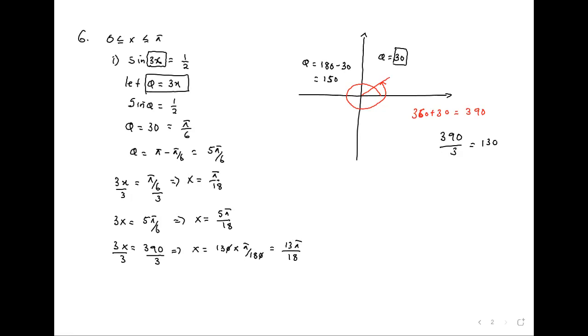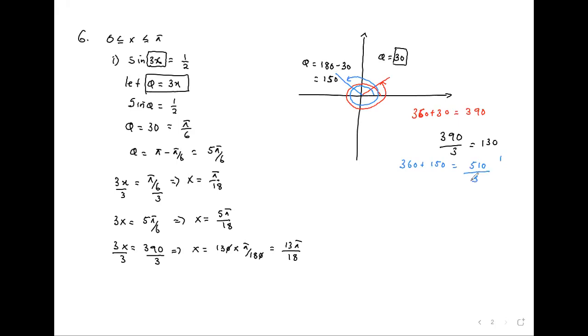Next, we go to the other one, this 150. So go around again and see if what we get when divided by 3 will still land us between 0 and 180. So what we have there is 360 plus 150, which is 510.